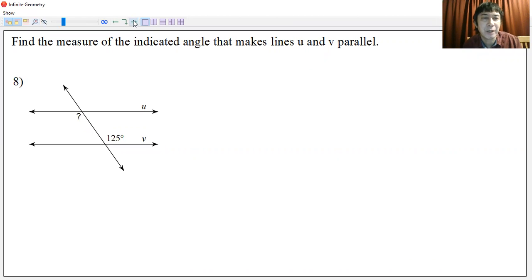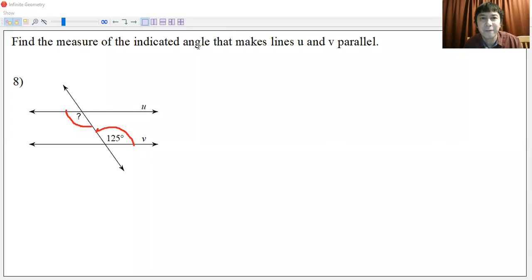Here's number 8. Find the measure of the indicated angle that makes lines U and V parallel. Let us examine the diagram first. We're looking for this interior angle, and a given angle is over there, 125 degrees. The angle pair looks like an alternate interior angle pair.